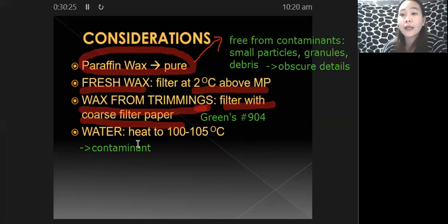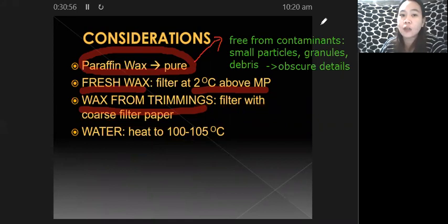And when it comes to the evaporation of water, of course, you have to heat it at its boiling point in order for it to be removed. Thus, the removal of water molecules from your paraffin wax is carried out at 100 to 105 degrees Celsius. Alright, so those are the different considerations.